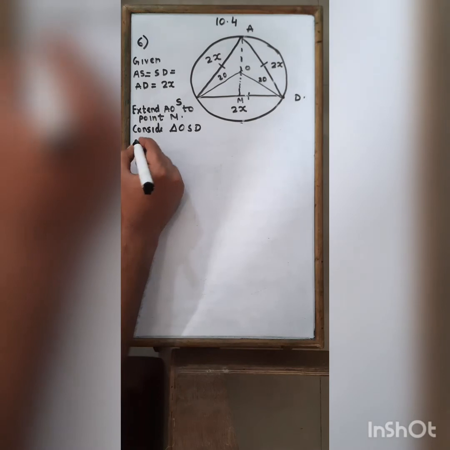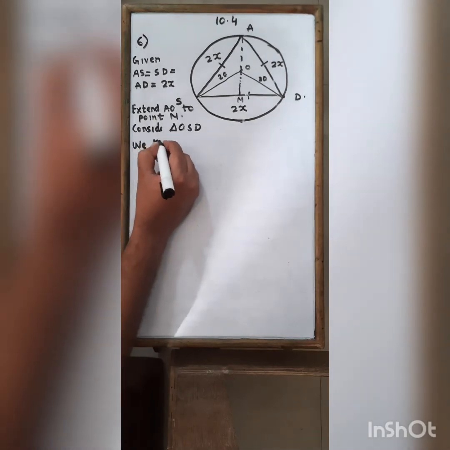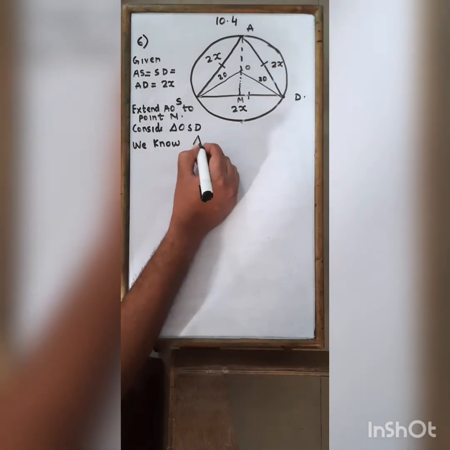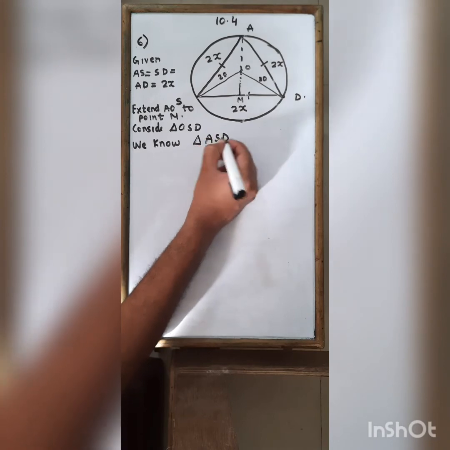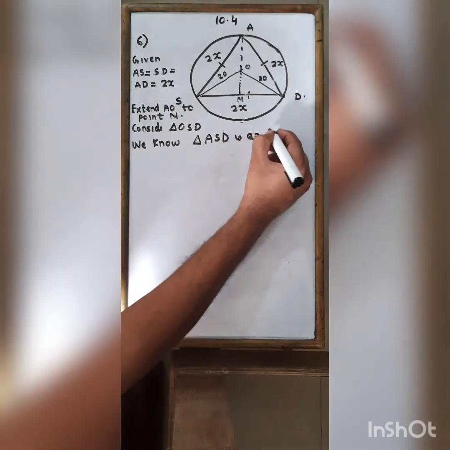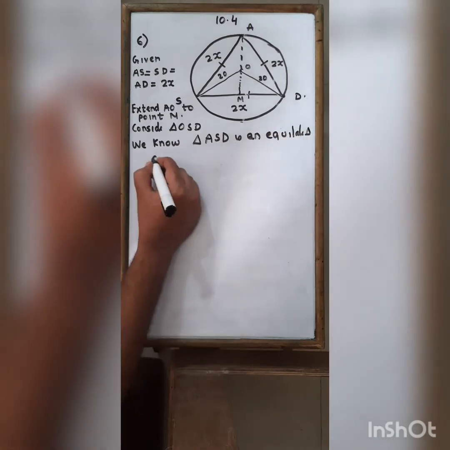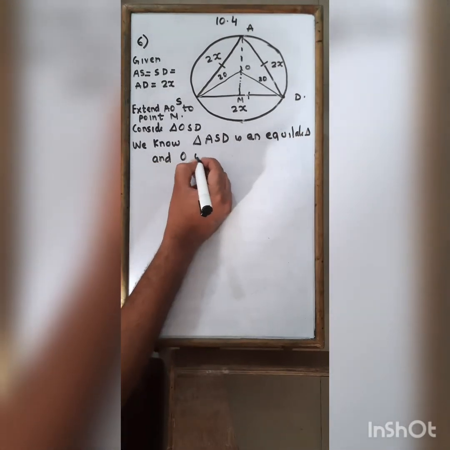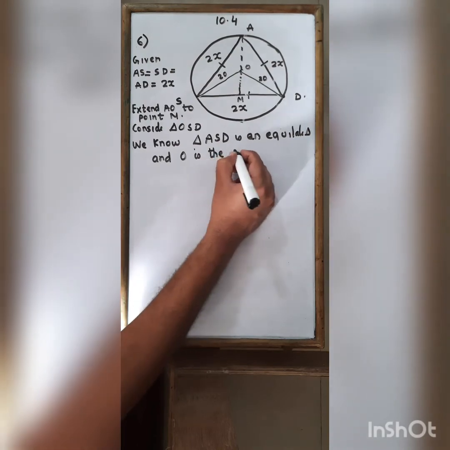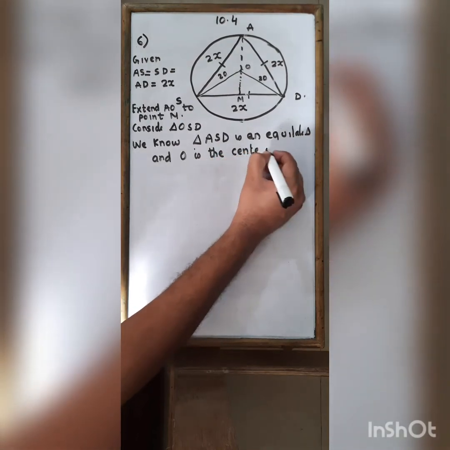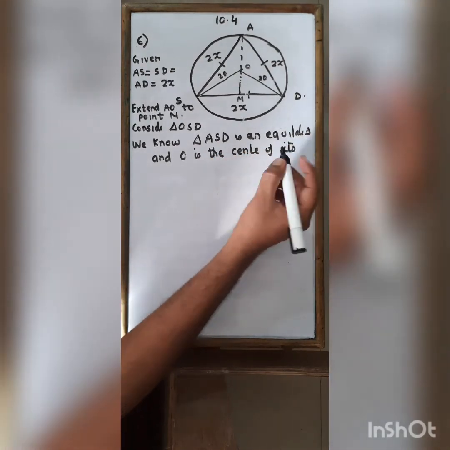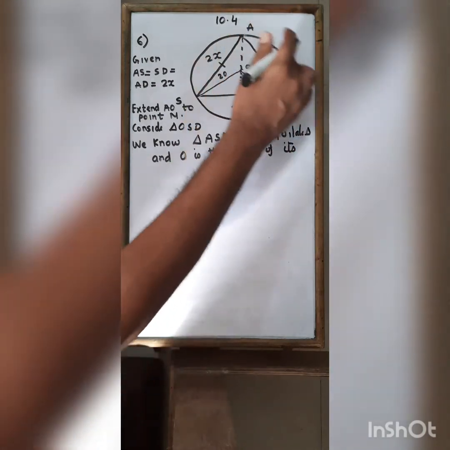Okay. So we know triangle ASD is an equilateral triangle and O is the center of its circumcircle.